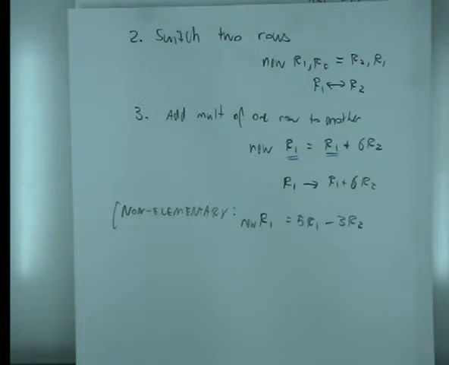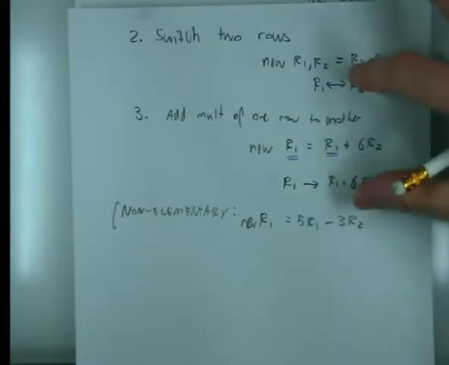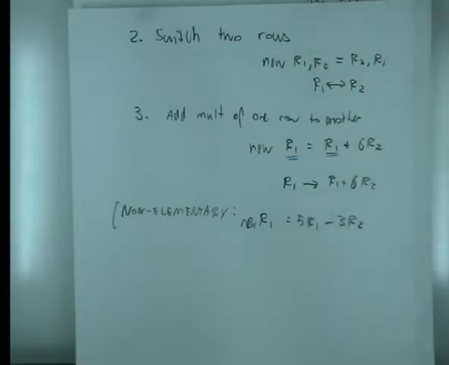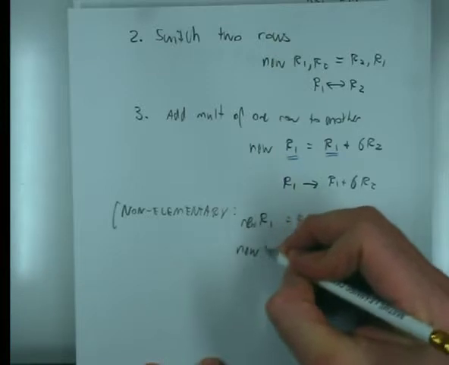Most of the time that'll be perfectly fine, and there won't be any issues with that. You're not allowed to do that one. You have to split that into 5 of row 1 and then row 1 minus 3 of row 2. Okay, you have to do that as 2 row operations. And it's just for theoretical reasons, and also for teaching a computer to do these, it's easier to only have 3 possible options. Okay, so that's not elementary, and also non-elementary is this one, like that.